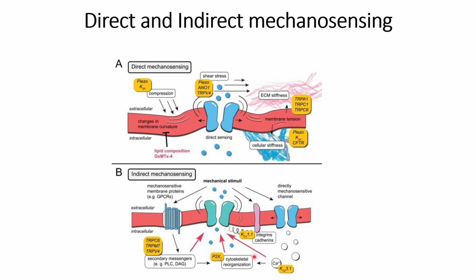Now let us understand indirect mechanosensing. In indirect mechanosensing, there is no direct interaction. However, intercellular signaling pathways occur, and one of the examples shown here uses G protein-coupled receptors, or GPCRs. The mechanical stimulus will trigger GPCRs, and that will lead to the upregulation of several TRP signaling pathways, or several TRP messengers.